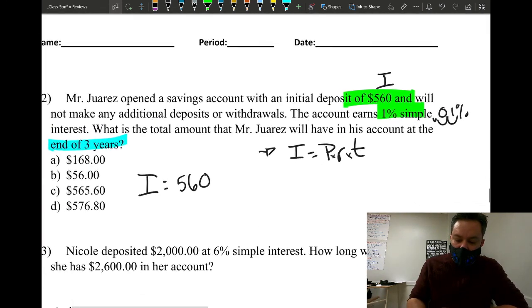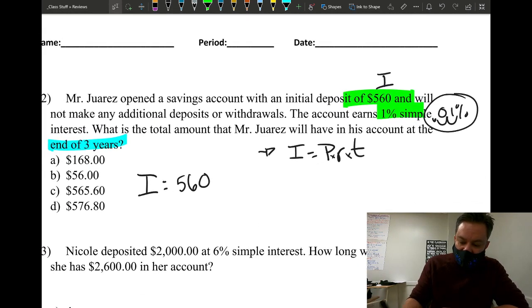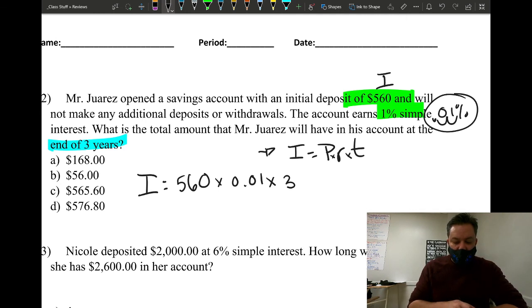The rate is 1%, but we gotta use the decimal form, times 0.01. And the time is already 3 years. So I'm gonna go ahead and multiply. I would like to multiply the two whole numbers first. 560 times 3 gives me 1680.